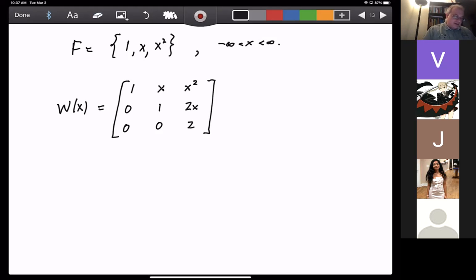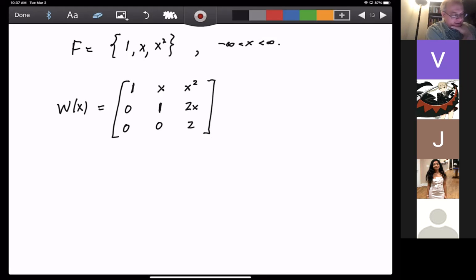So let's think about this. We're good in the first row, first column. We've got a pivot. We've got the 1 there. Second row, second column. We've got a pivot. Third row, third column, right?